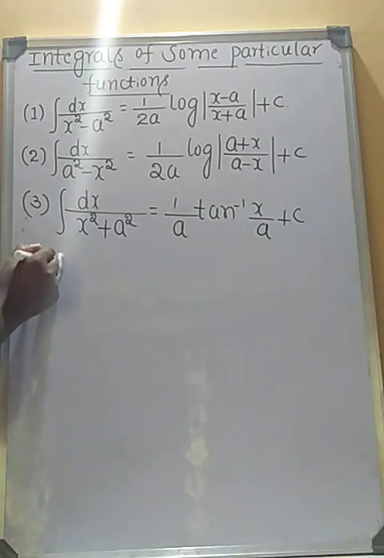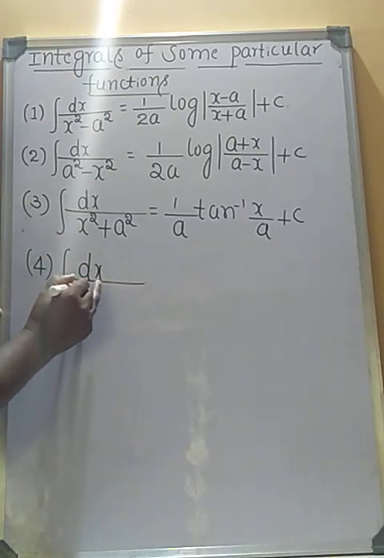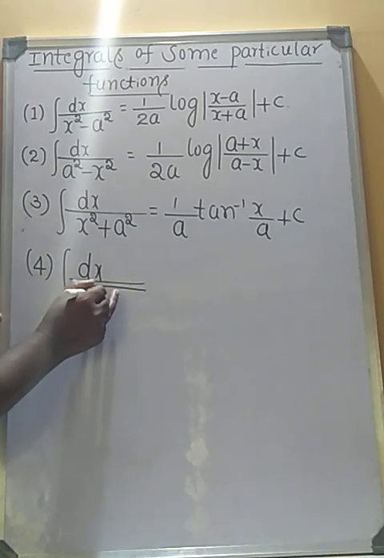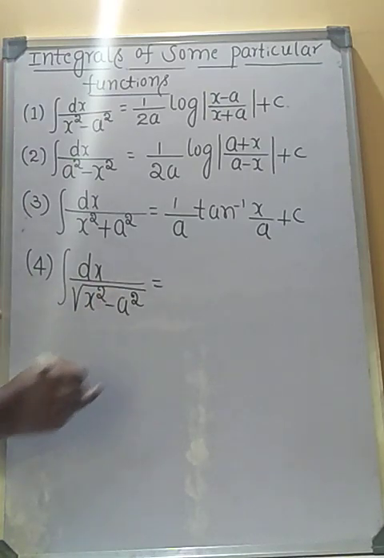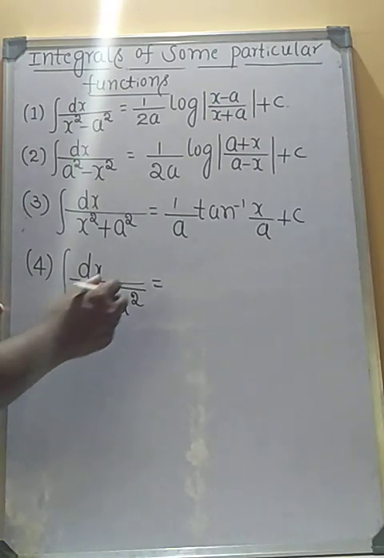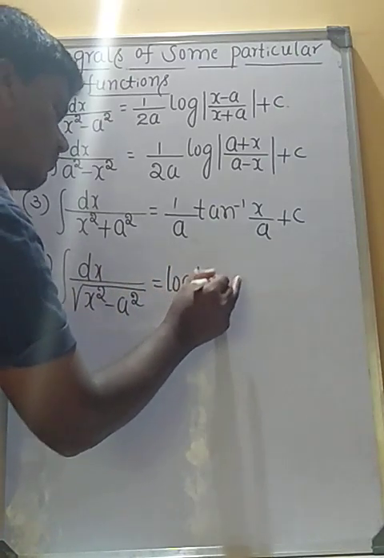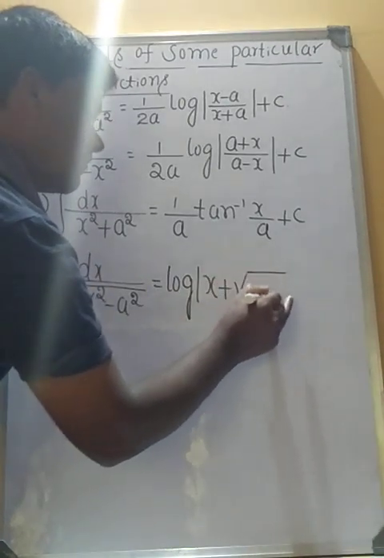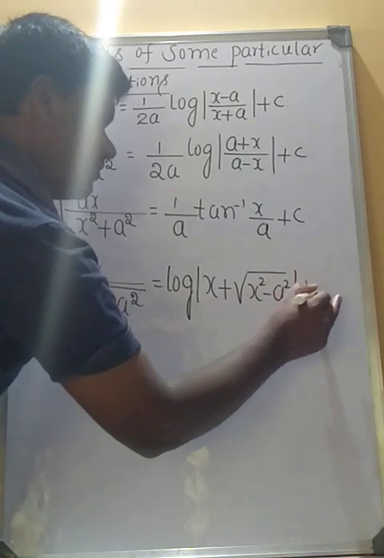So fourth one, integral of dx divided by root of x square minus a square is equal to log of mod x plus root of x square minus a square plus c.